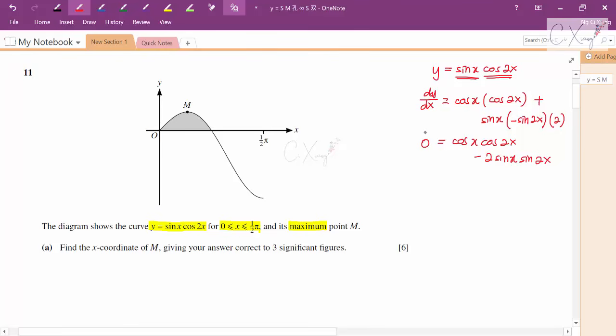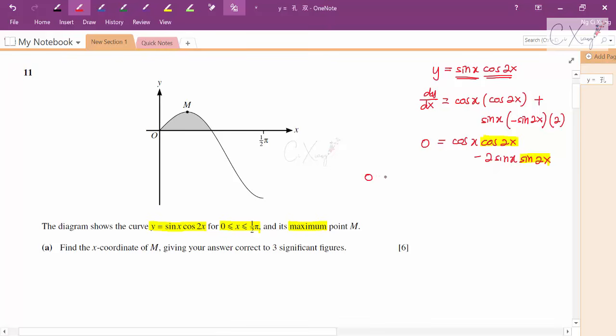What I plan here is to expand the cos 2x and also the sin 2x by using the double angle formula, so that I can factorize out some similar terms after I expand it.